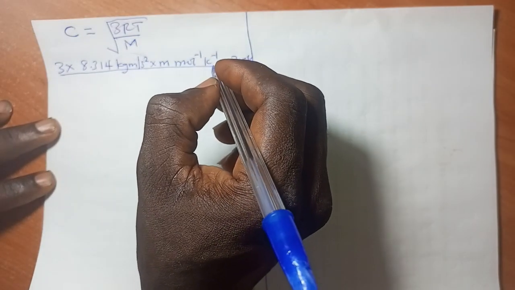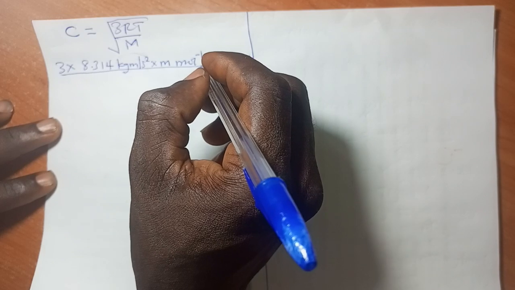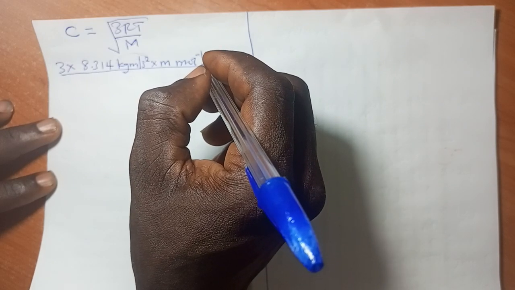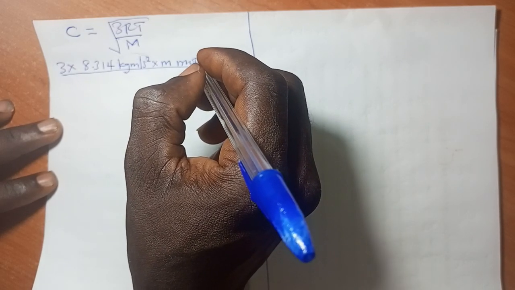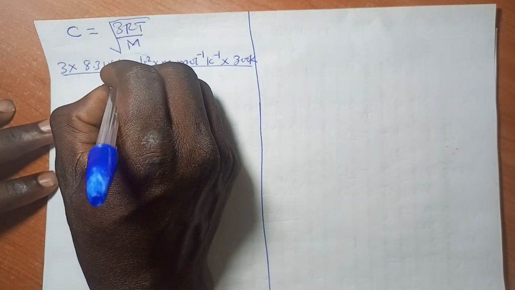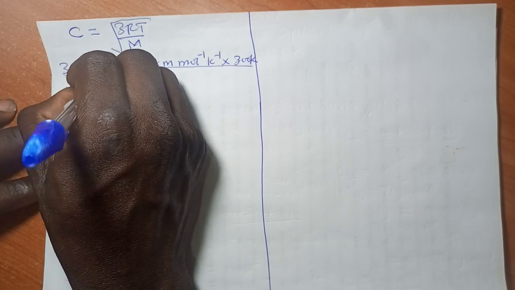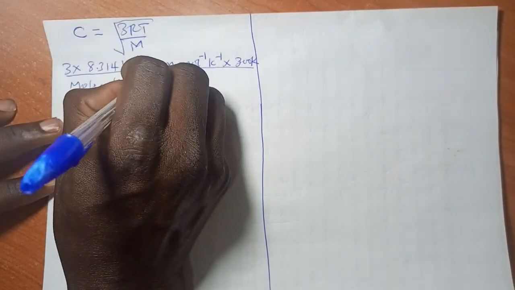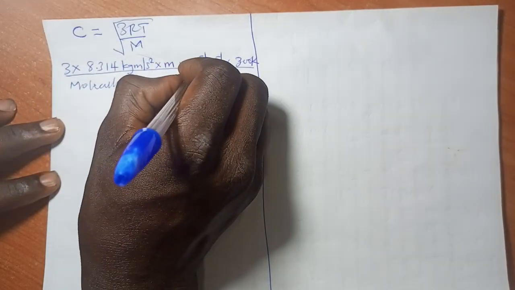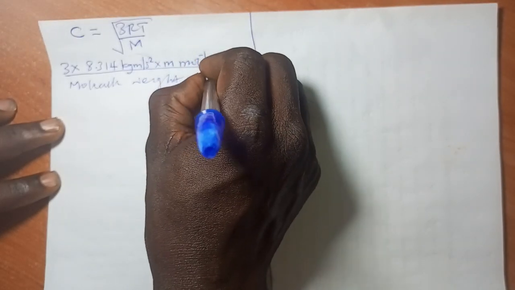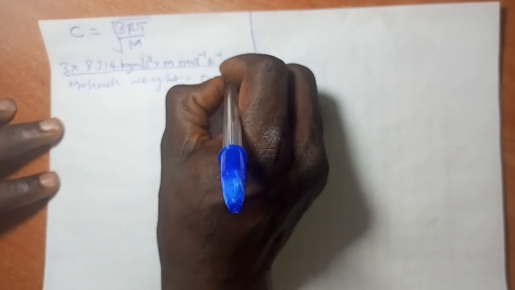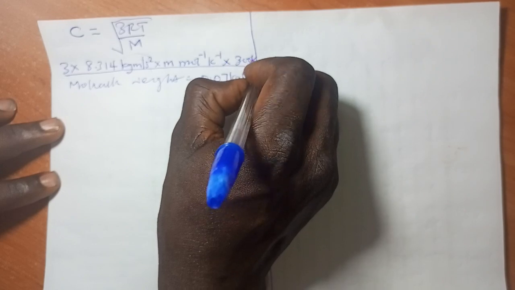Molecular weight as we calculated was 71 gram, but when we converted to kilogram, it gave us 0.071 kilogram per mole.